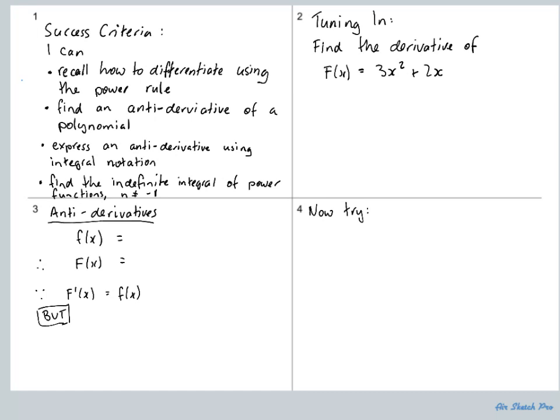So the tuning in activity there is one I want you to do right now. So we've got 3x squared plus 2x, and I've deliberately used capital F of x there. I'll explain why later. But so capital F of x is equal to 3x squared plus 2x. Can you find the derivative, please? In your workbook is fine. If the answer is no, I'll go through the answer in a second.